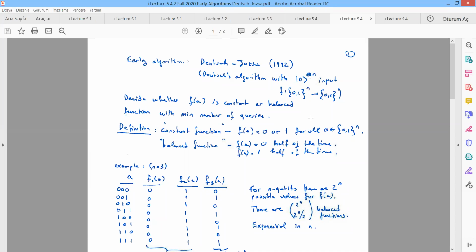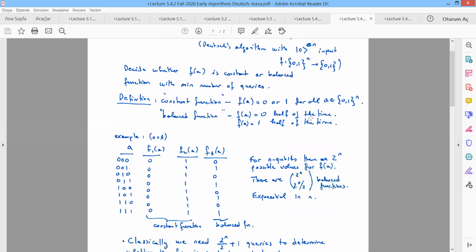So let's define once more what we mean by a constant function and a balanced function. Here's an example.